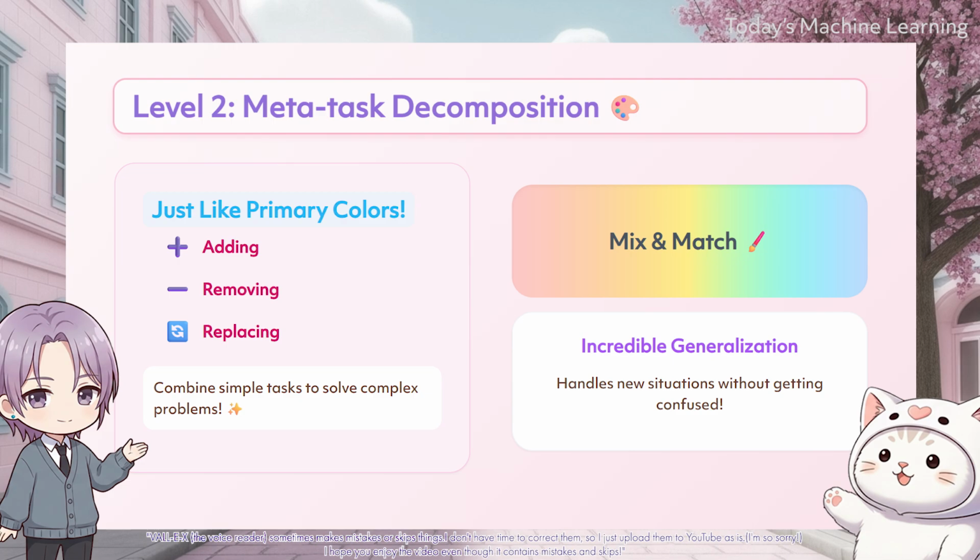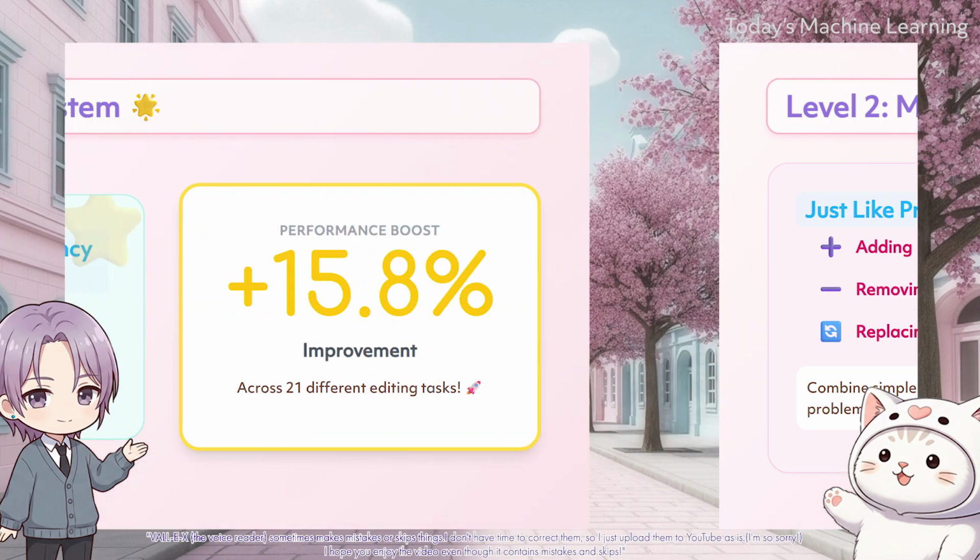It is just like learning your primary colors in art class. Once you know red, blue, and yellow, you can mix them to create any color you want in the whole wide world. By teaching the AI just these 5 basic actions, the AI can combine them to solve completely new and complex problems it has never even seen before. This makes the AI incredibly good with generalization, which means it can handle new situations without getting confused.